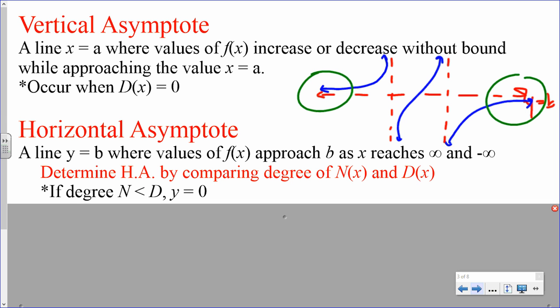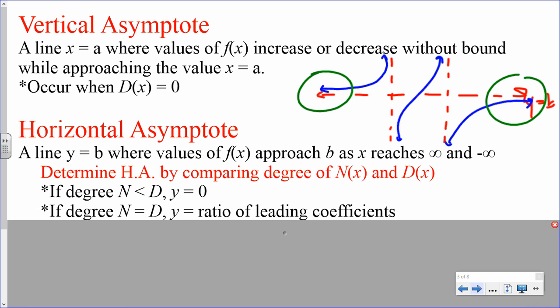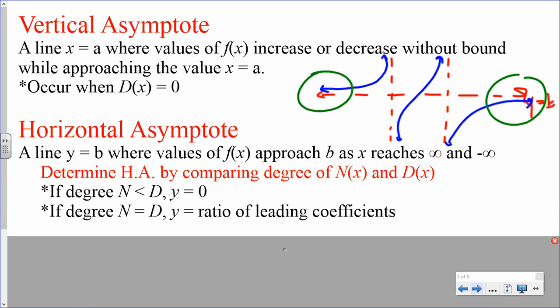So if your denominator has a larger degree, y equals 0. If the degrees are equal, then we're going to look at the ratio of the leading coefficients.